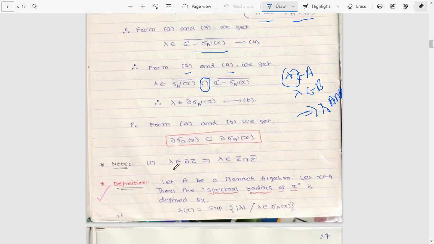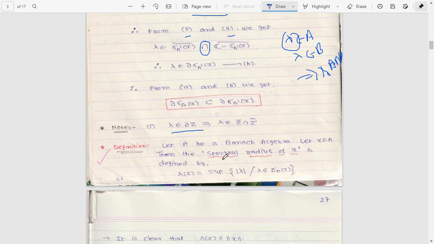Note: lambda belongs to boundary of Z implies lambda belongs to its closure intersection closure of its complement.